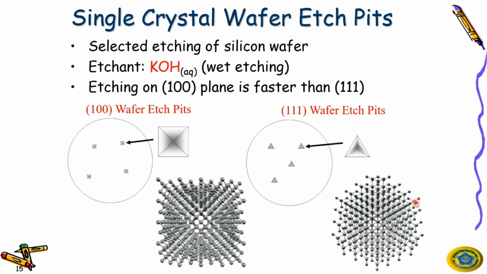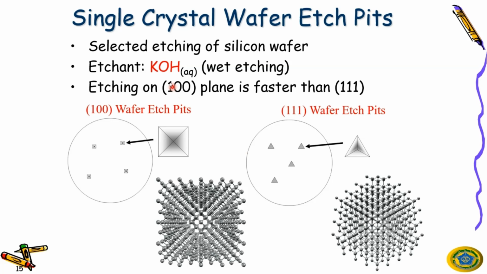Well, this is just for your information. If you use potassium hydroxide, we call it wet etching. This is the wafer surface for semiconductor. This is the surface of 100, which looks like this from the top view, and then 111 looks like this, for a silicon wafer, which is single crystal.